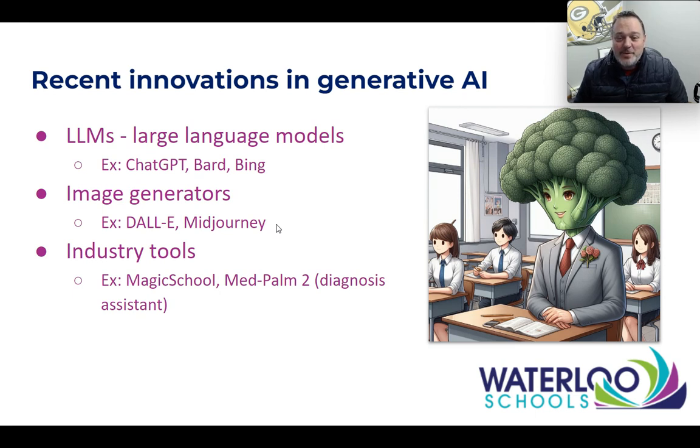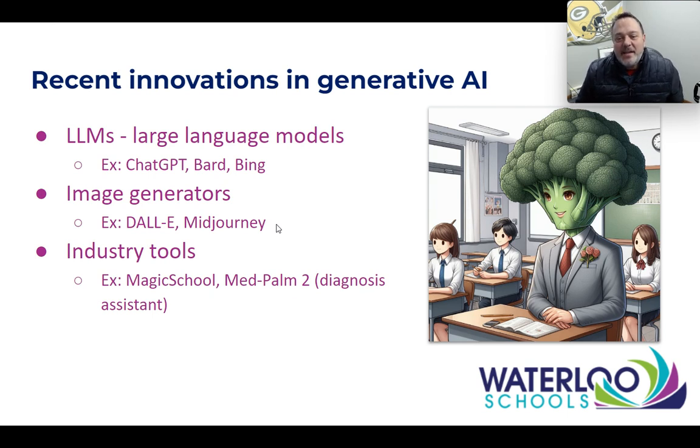There's also this really cool thing going on, image generators, using AI to create an image based on your verbal prompts. Look at my little picture here. I'm imagining going to one of these services and saying, hey, I want a student in a classroom, but I want his head to be broccoli and flowers in his pocket or whatever. I don't know what the prompt would have been, but that's what we got.